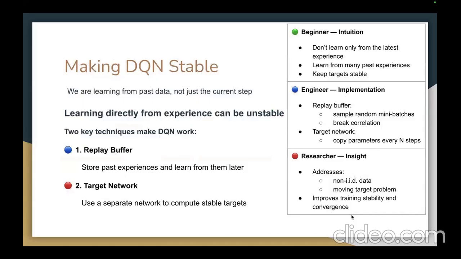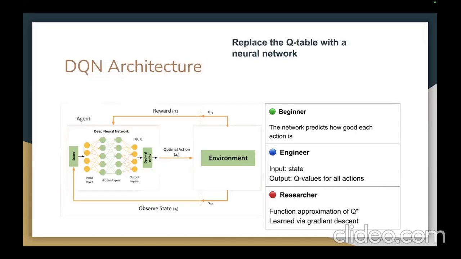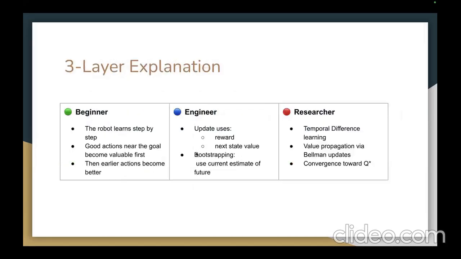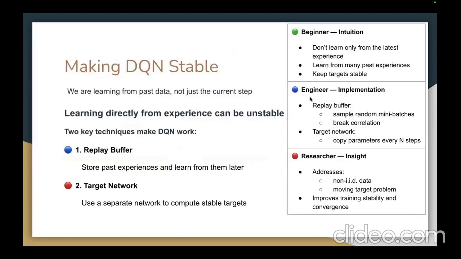So DQN is great, but how can we make it a bit more stable? If we just train it using the raw method, you'll find the training can sometimes diverge. The first reason is that the data is highly correlated.